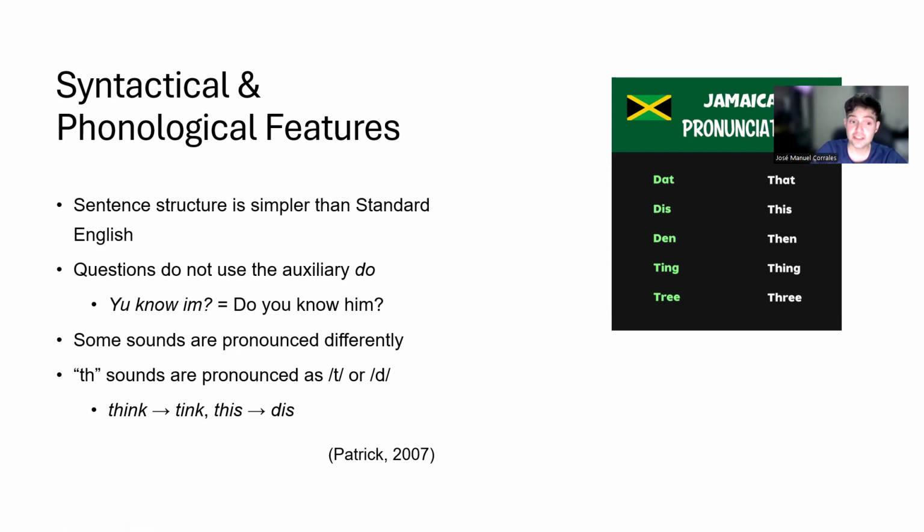And some sounds are pronounced differently, like the TH sound is pronounced as a T or a D, like it has a strong pronunciation. Instead of saying think, we say tink. Instead of saying this, we say dis. So we don't have to think a lot about voiced or not voiced pronunciation.